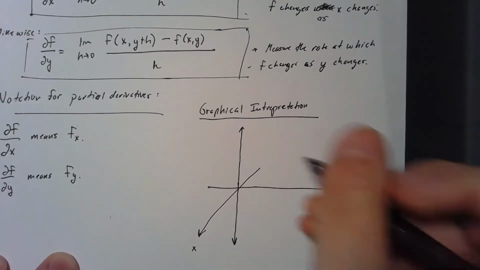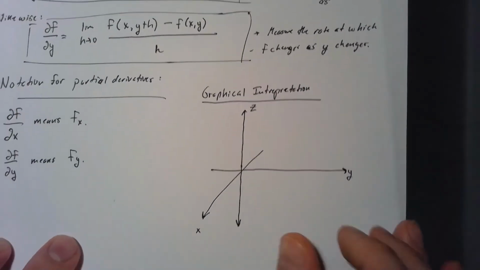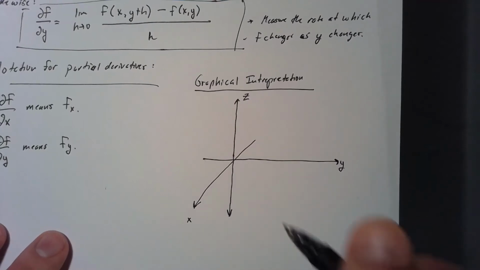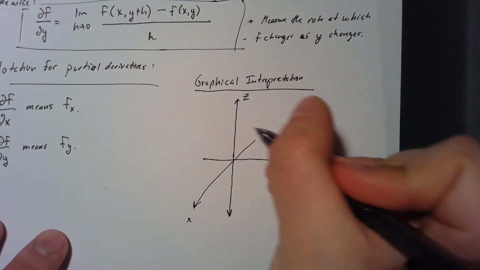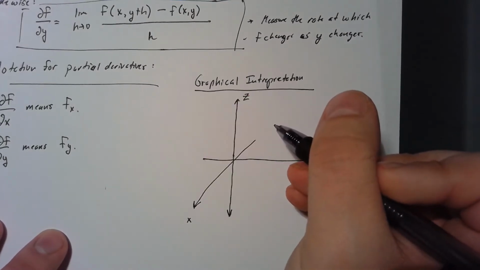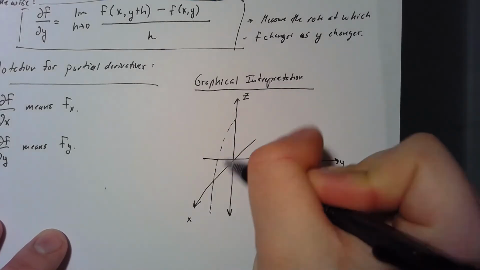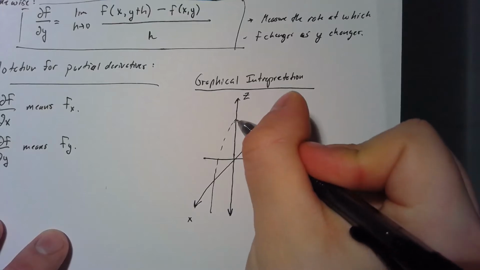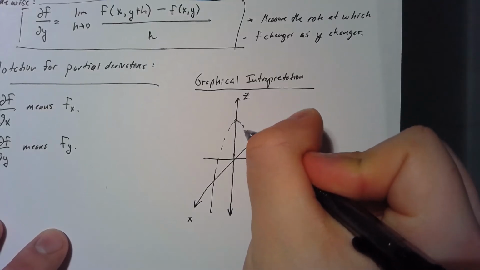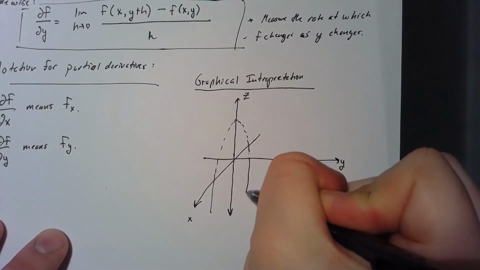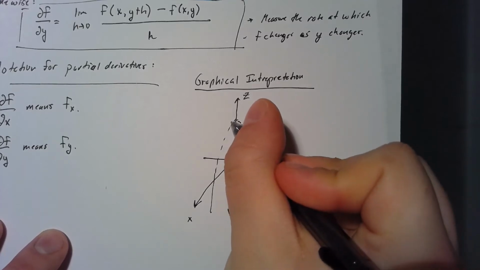X, Y, and Z. Let's say I have some shape, I'll make it a, what's this called again?